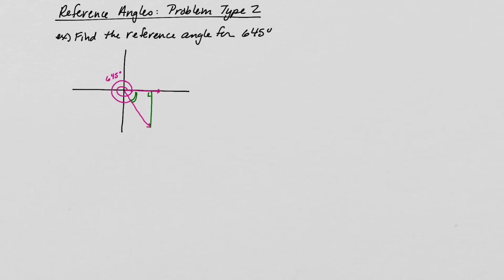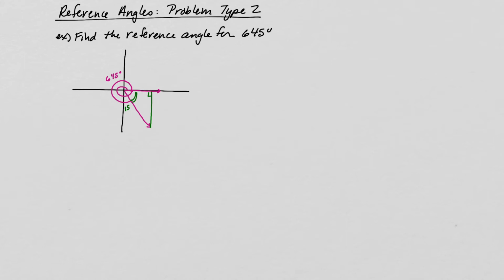If you remember, when I was going around the circle, we went all the way around that first time, 360 degrees. We went another 90, another 90, another 90. And remember, that brought us to 630. And then this little tiny piece here, that was another 15 degrees.